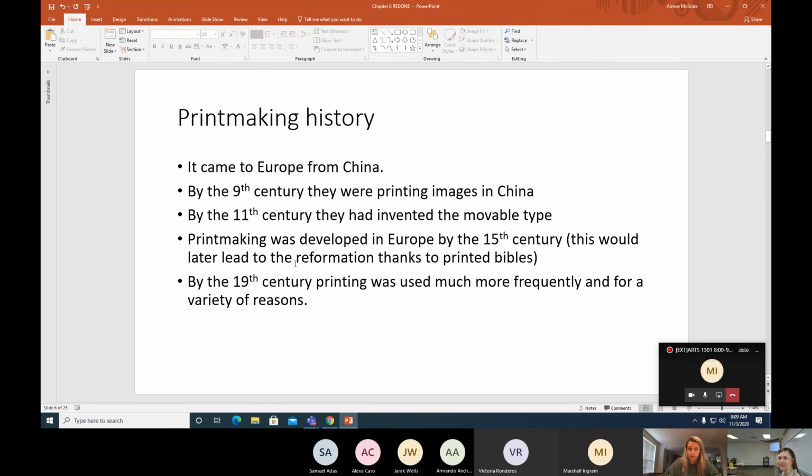And then, like I said, in the 11th century, we have movable type, and it's not until the 15th century that Europe adopts printmaking, but once again, they primarily begin using it just to print text, specifically the Bible. And then they eventually start printing other books and images as well. It's when the 19th century hits that we start seeing printmaking used for billboards, posters, advertisements, as well as art a little bit more frequently.